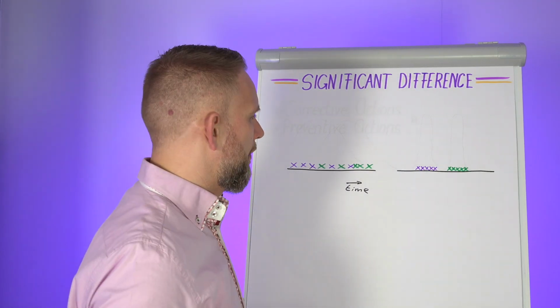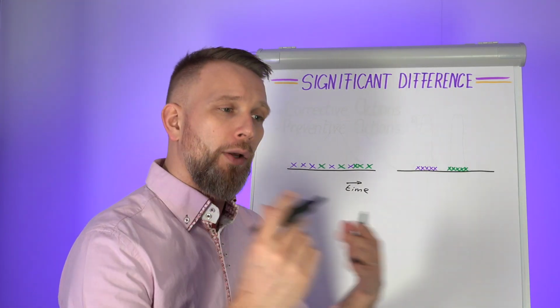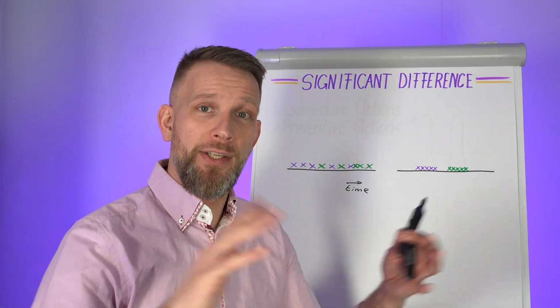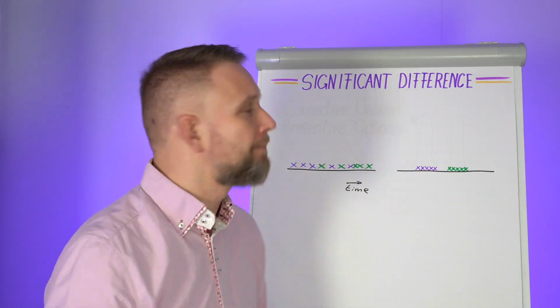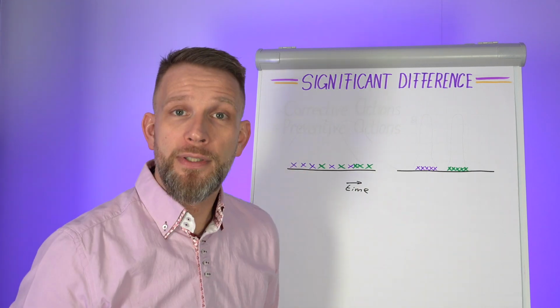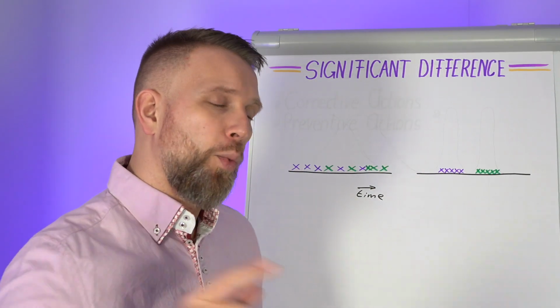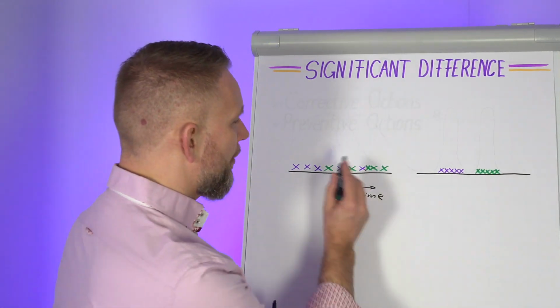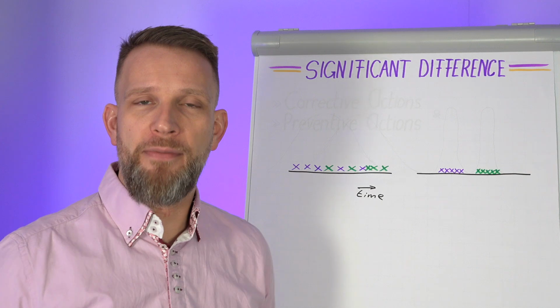So after our project, we measure a couple of times how long it takes our production line to fully heat up the system, the vat. And we checked this 5 times and we measured a couple of time values. Now, we did the same before we even started the project, and for the green one, we also made 5 measurements.